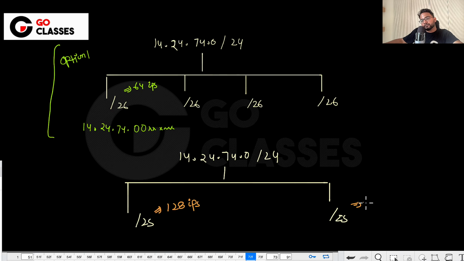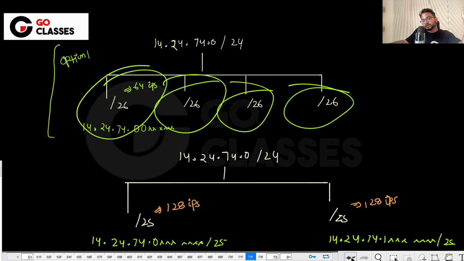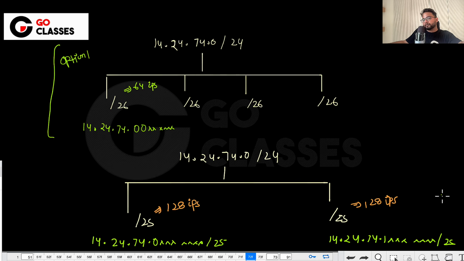For the /25, you will have something like 14.24.74.0, and then anything here, /25. Similarly here, 14.24.74.1, and then anything here, /25, right? So this is another option, because since we need just 60, any of these blocks will fulfill the requirement, right?